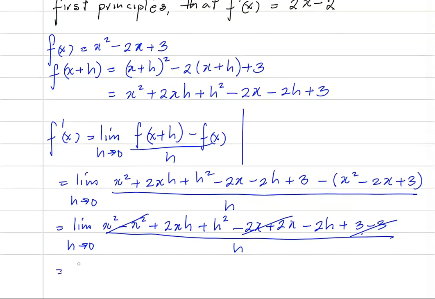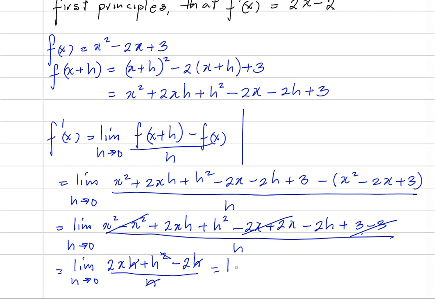This is equal to the limit as h approaches 0 of 2xh plus h squared minus 2h over h. All right, so this h cancels this h, cancels this h, and cancels this h.